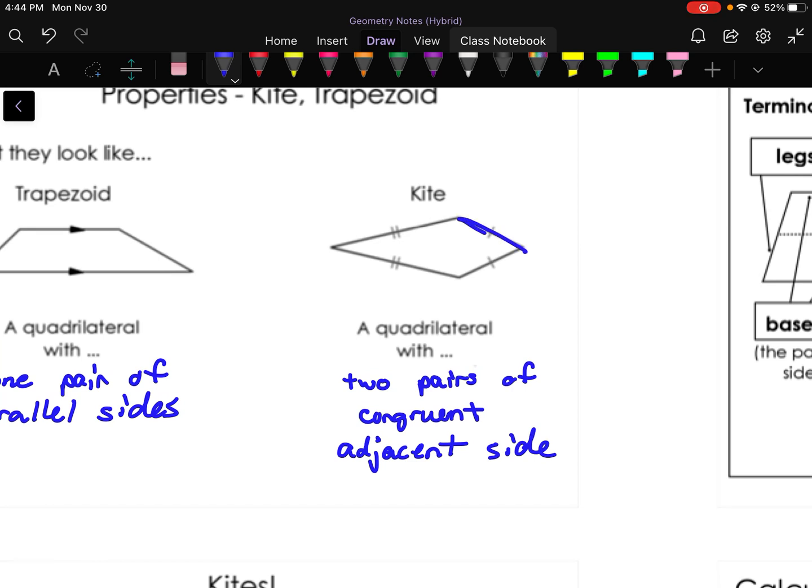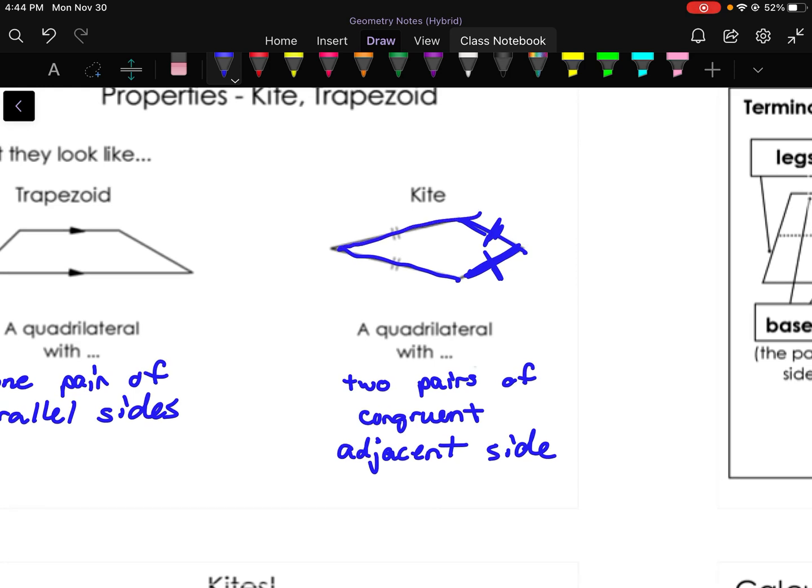So that means this side and this side are next to each other and they're congruent. This side and this side are next to each other and they're congruent. That's what a kite is.